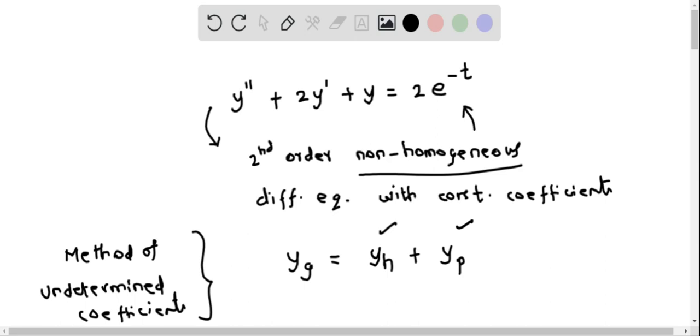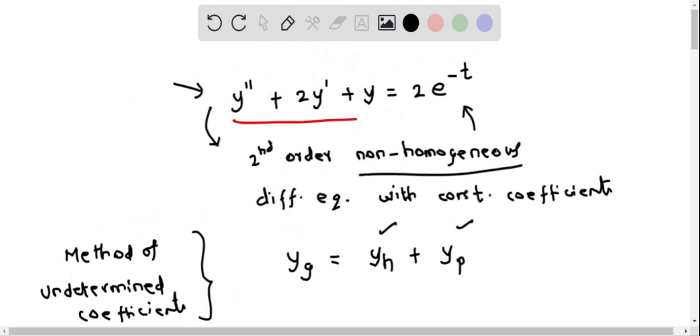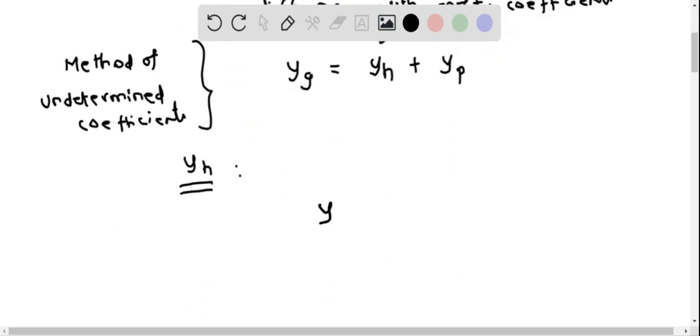So first let me form the homogeneous equation using the given differential equation. For that we just have to consider only the left side expression and then equate it to 0. So we are finding the homogeneous solution. Here we consider y double prime plus 2y prime plus y equals 0.